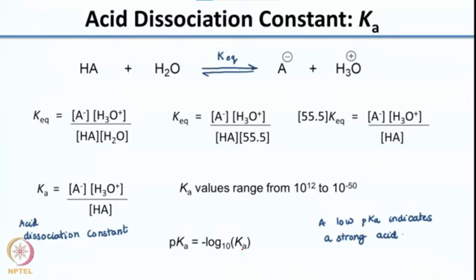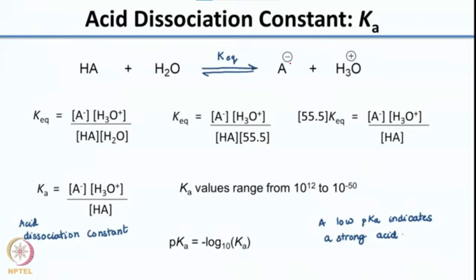Now let's talk about the acid dissociation constant, which is called Ka. So when the dissociation of an acid takes place, what will be the equilibrium expression? We have learned how to write this in previous classes, right?